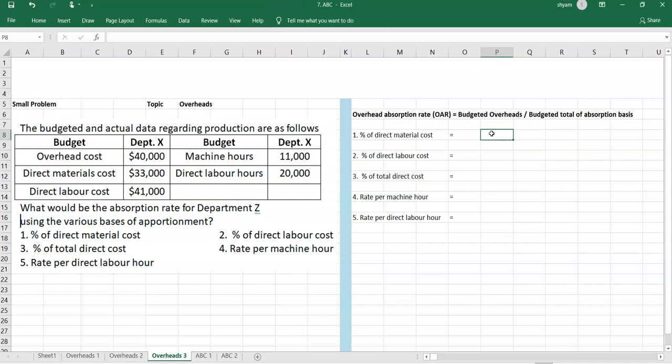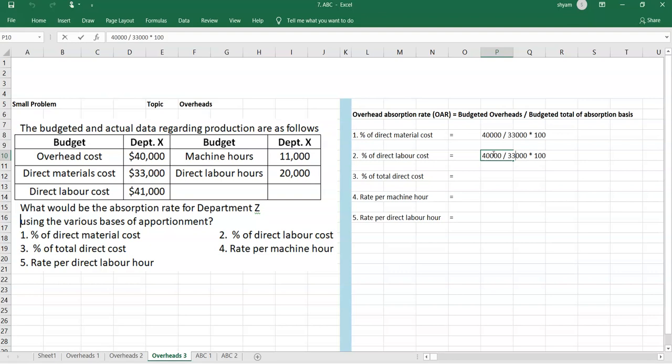Whichever method you use, the first one you have to use is the budgeted overhead. So that is going to be 40,000 divided by direct material, which is 33,000, into, as they are asking for a percentage, 100. The next one is direct labor cost.